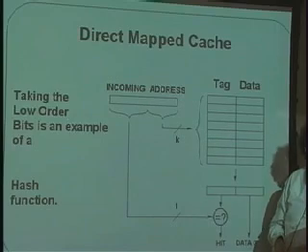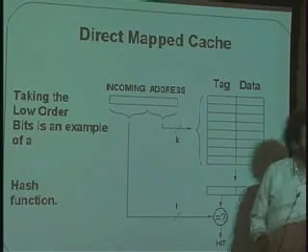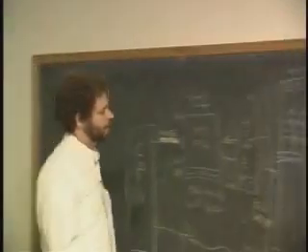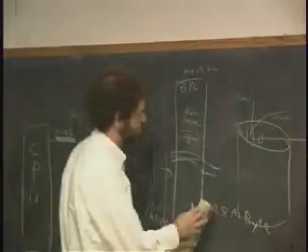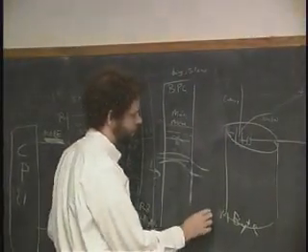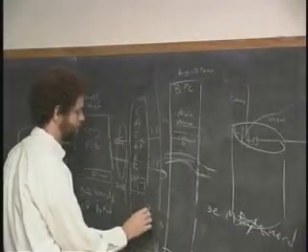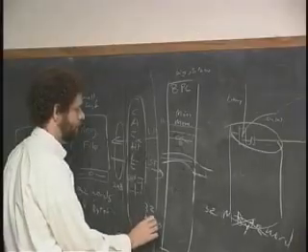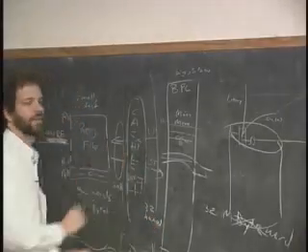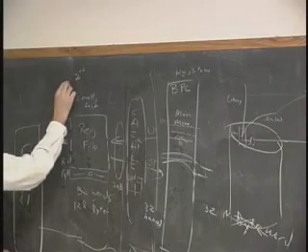So for instance, let's for a moment say that 128 kilobytes divided by 4 is 32K words. And let's make this thing 32K words. So how many words do we have in the cache? 32K, which is 2 to the 10th times what?